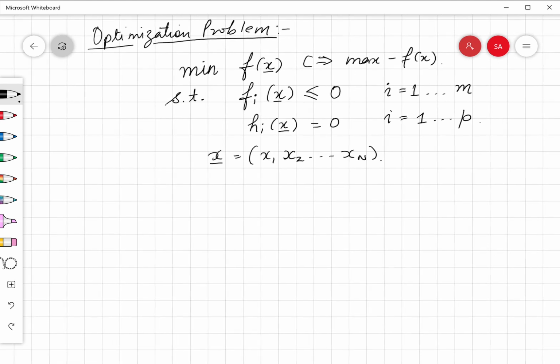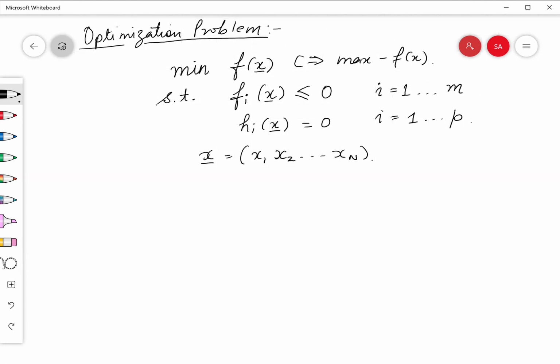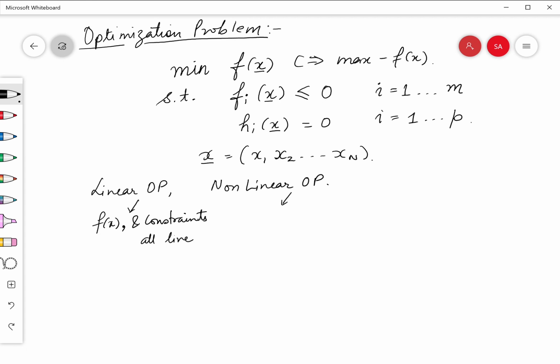Now in the last class we also discussed that this optimization problem could be divided into many parts. For example, it could be a linear optimization problem, or it could be a non-linear optimization problem. In a linear optimization problem, f of x and all the constraints are all linear, while in a non-linear optimization problem, one or multiple of them are non-linear.